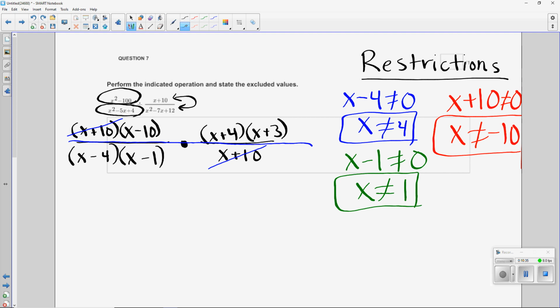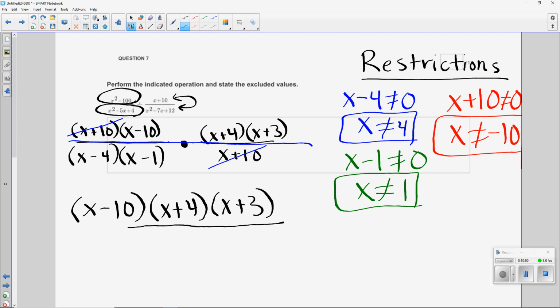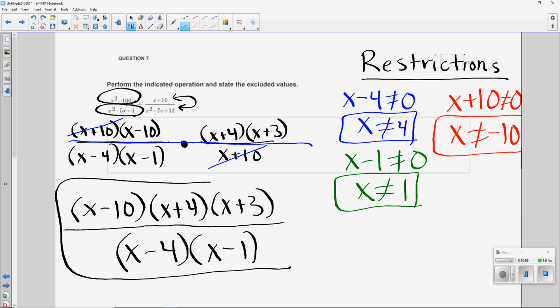Those are actually two completely different numbers if you think about it. So nothing else cancels. So we're just going to multiply the tops. When we say multiply the tops, we just set it up for multiplication. We don't actually have to go through the process. And that's our final answer.